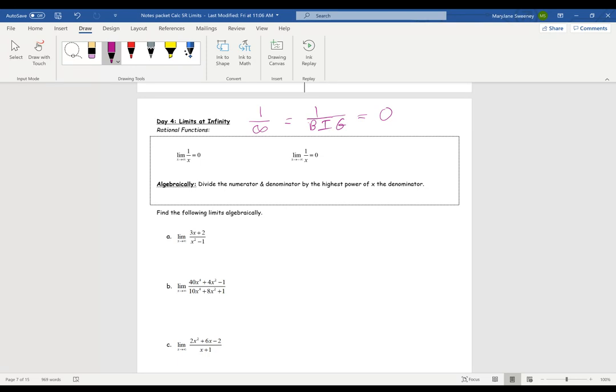Now, one thing: when we're finding limits at infinity, we're going to divide the numerator and denominator by the highest power of x in the denominator, and I will say without the coefficient.